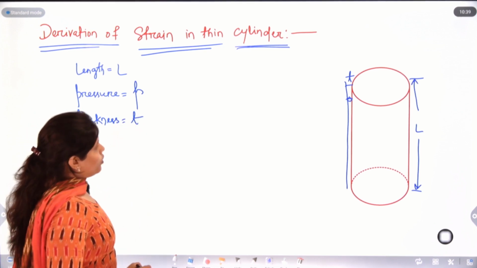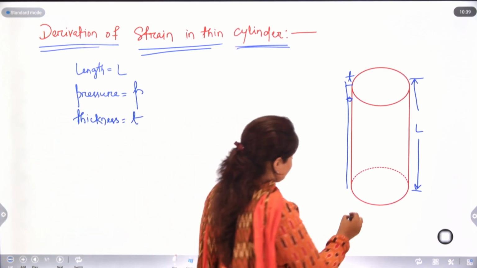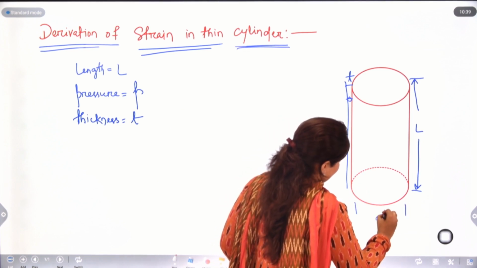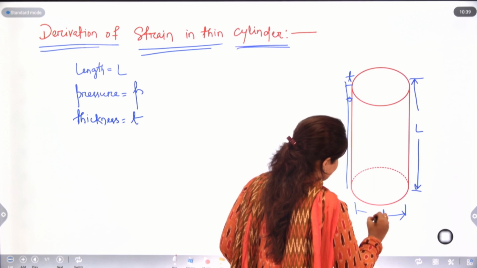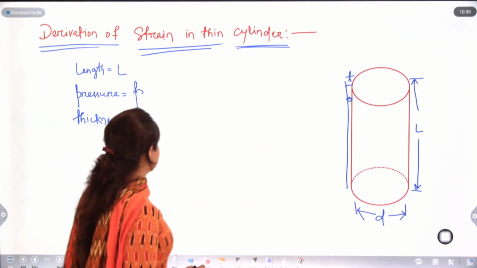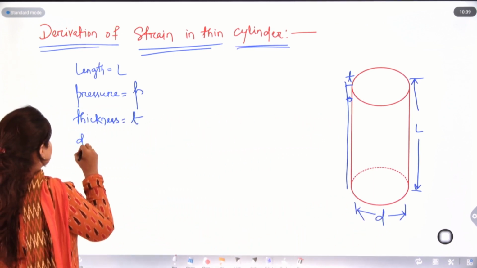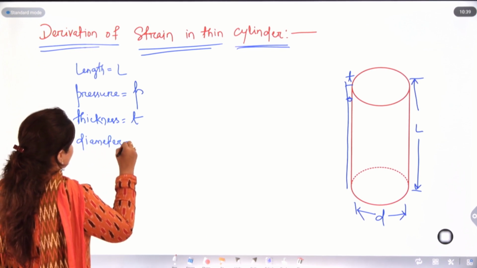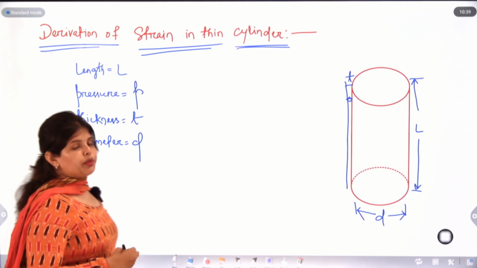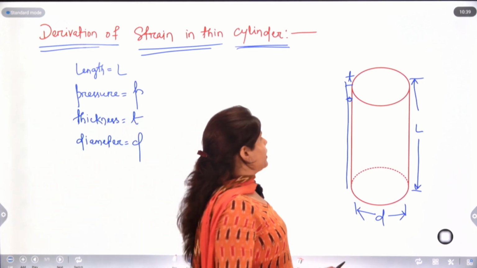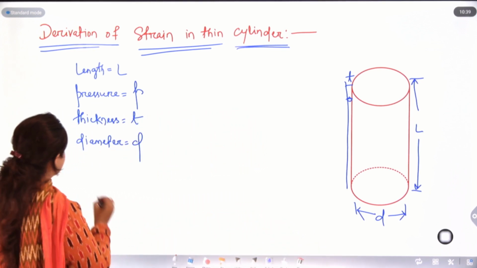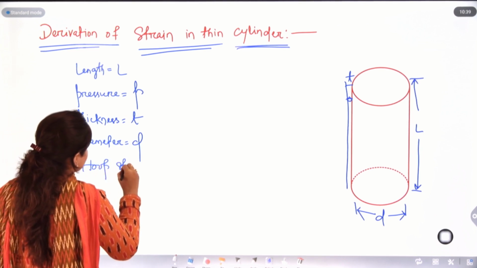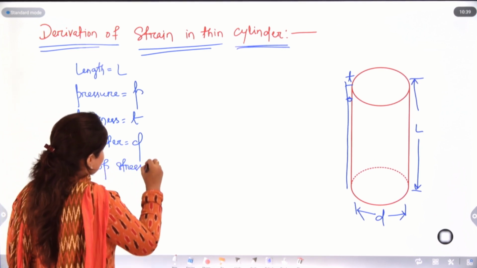What are the other parts here? The inside diameter will be D. In our previous classes, we have already calculated our hoop stress and longitudinal stress. We know the formula for hoop stress, also called circumferential stress.